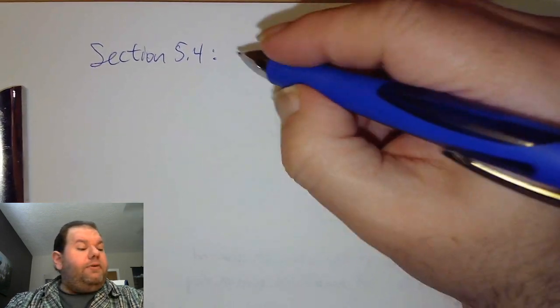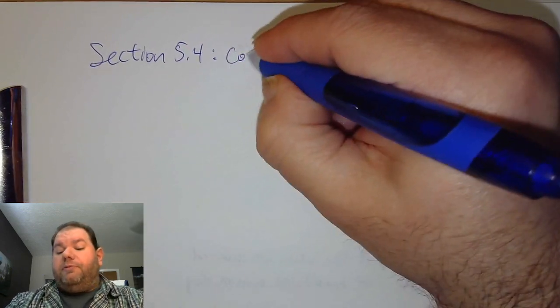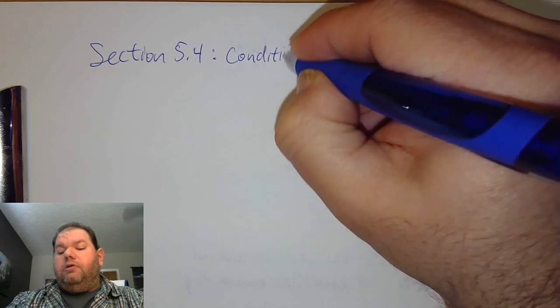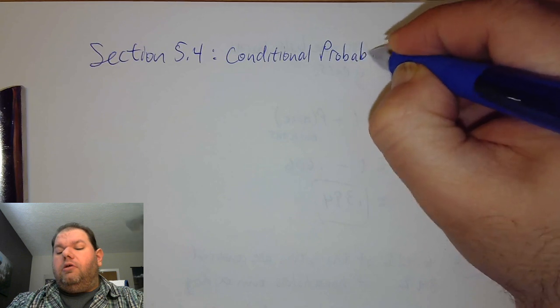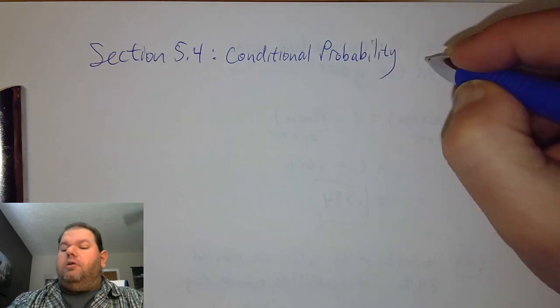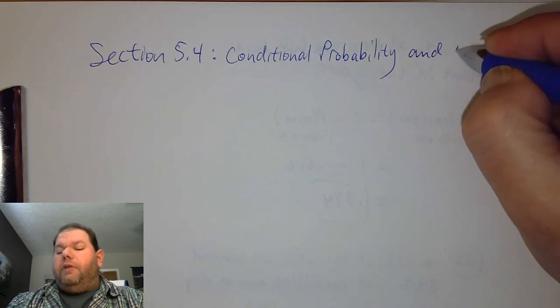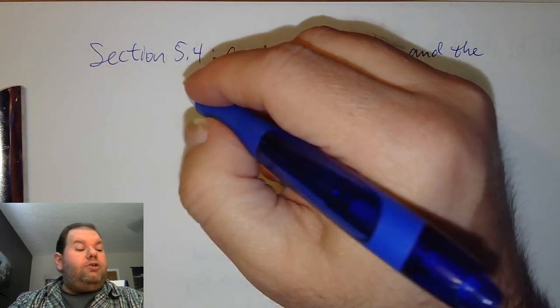Section 5.4 is on what we call conditional probability. And the general multiplication rule.